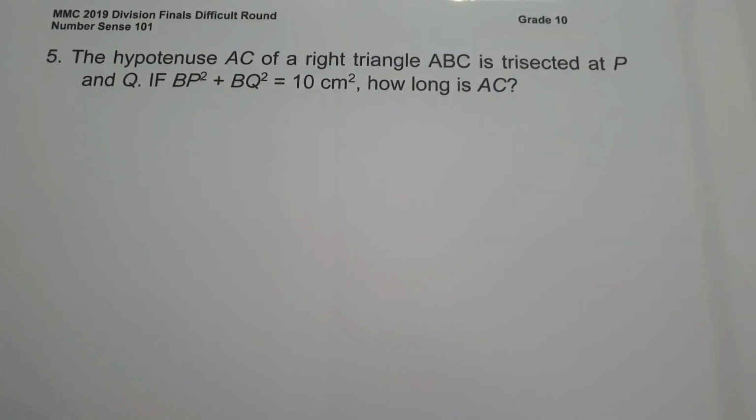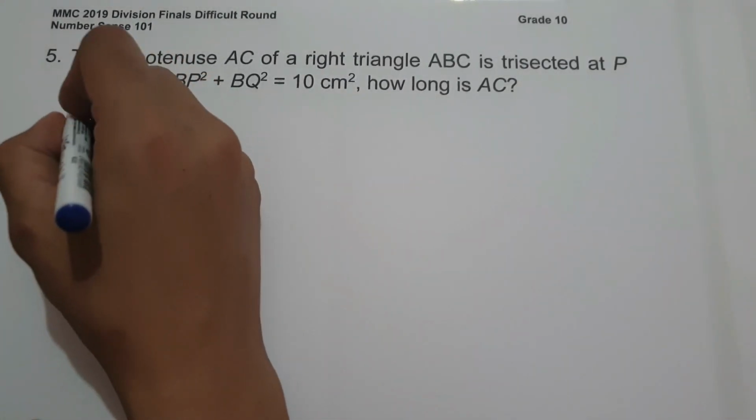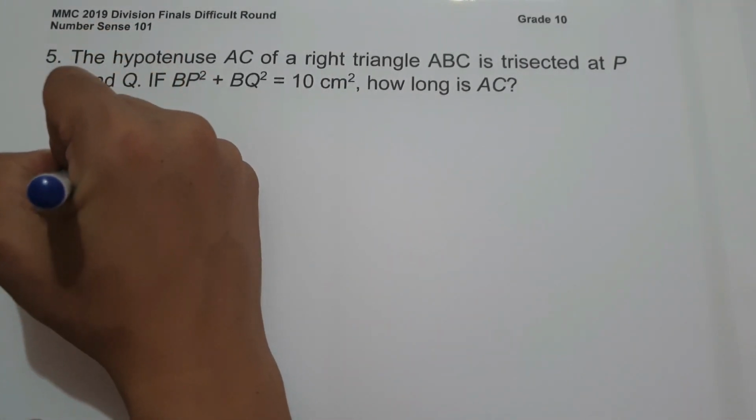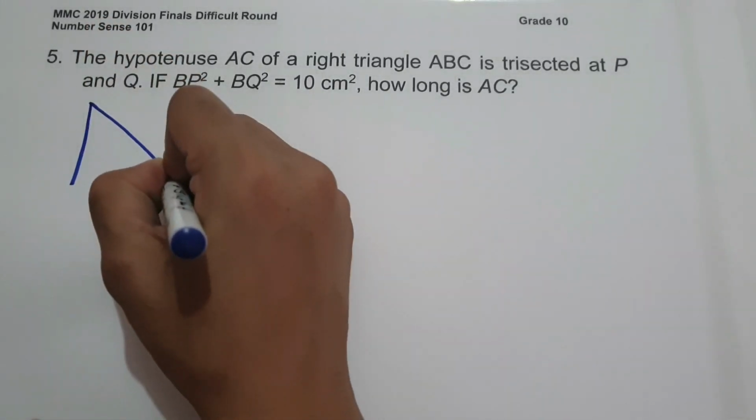On number 5, the hypotenuse AC of a right triangle ABC is trisected at P and Q. If BP squared plus BQ squared equals 10 cm squared, how long is AC? So let us illustrate first the given. If you are going to illustrate this one, let us have a right triangle.